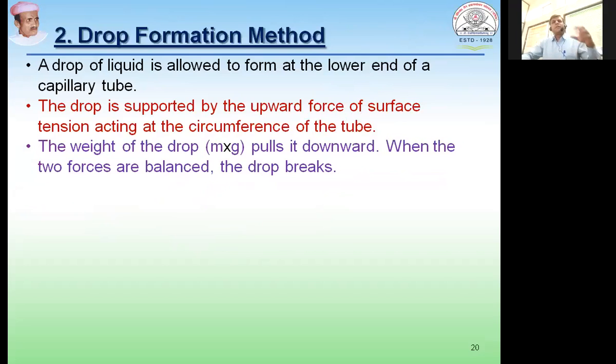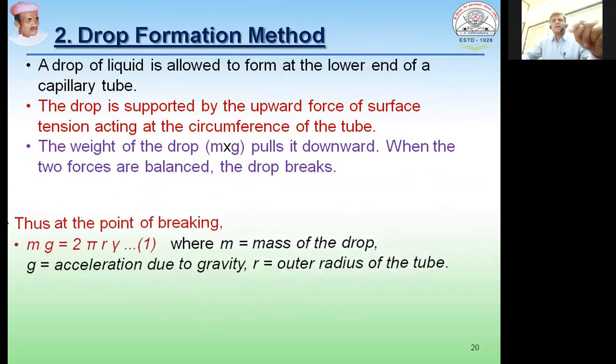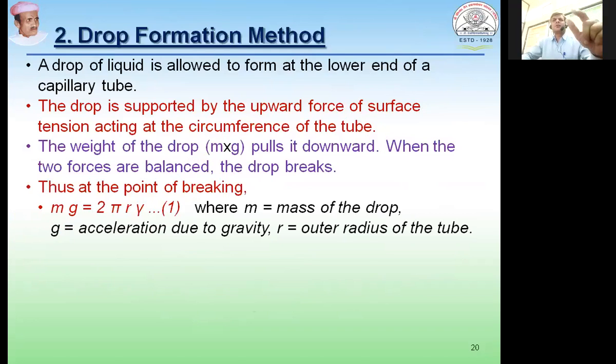Now, this upward force being a function of the surface tension, we can determine it with the help of the weight of the drop, and there are two ways by which it is done. The equation which we get at the point of breaking is that the upward force becomes equal, or is at equilibrium, with the downward force.